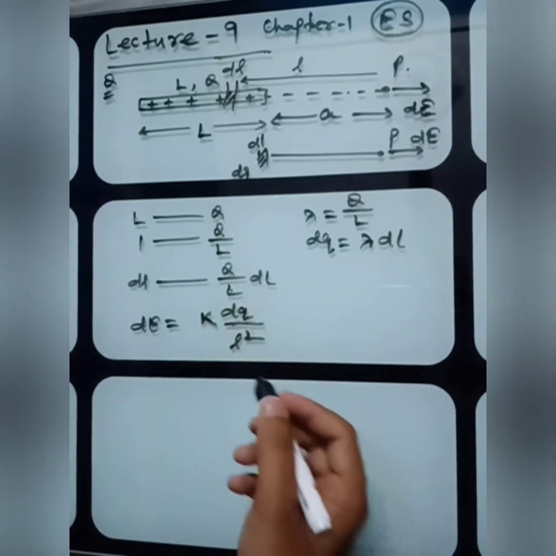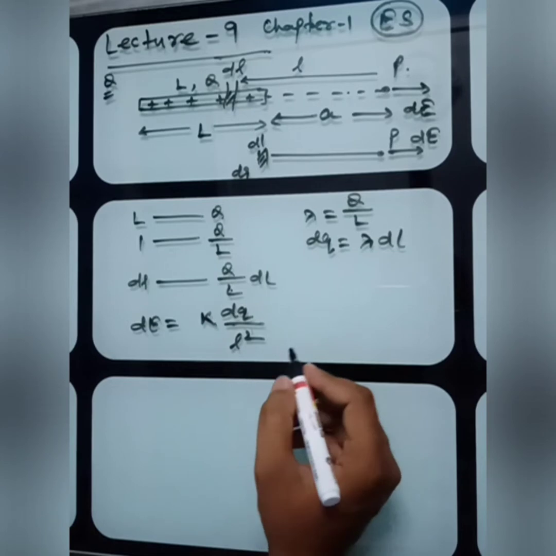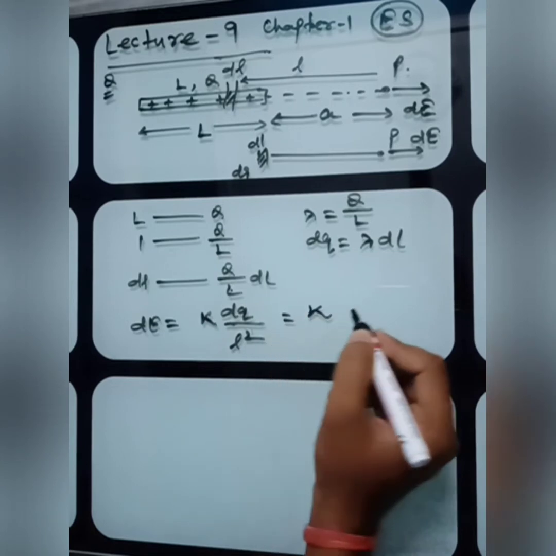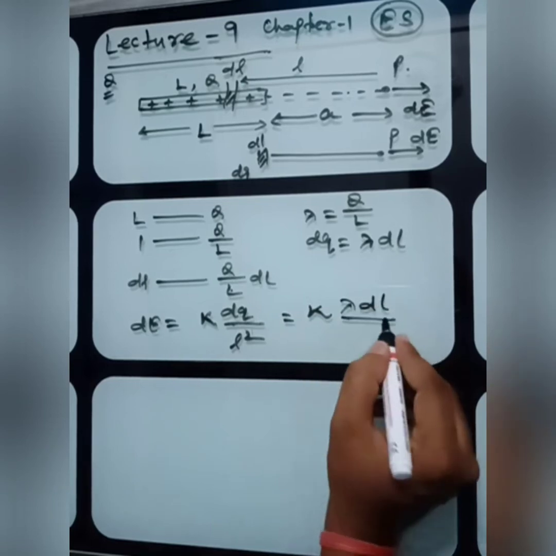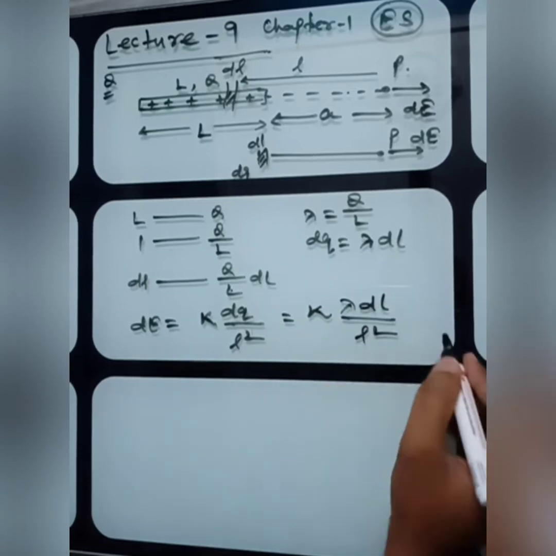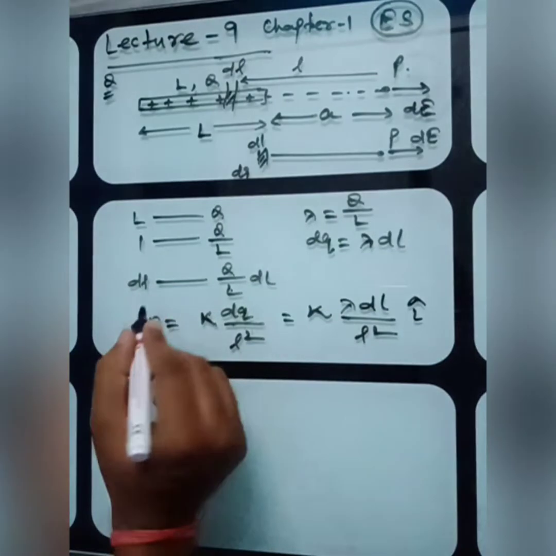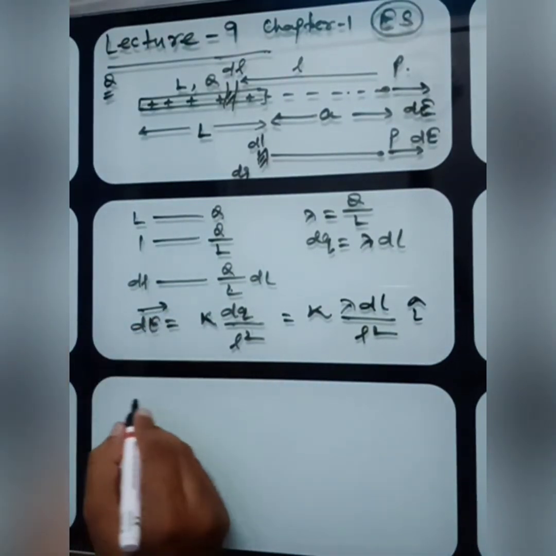That is KQ by R square, where R is L. The value of dQ is lambda dL over L square. Direction i cap, if you are writing in vector form.